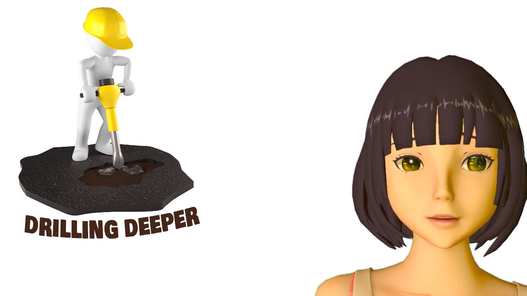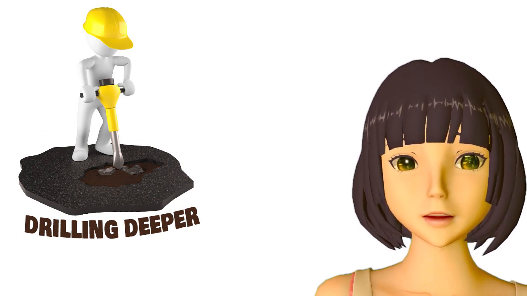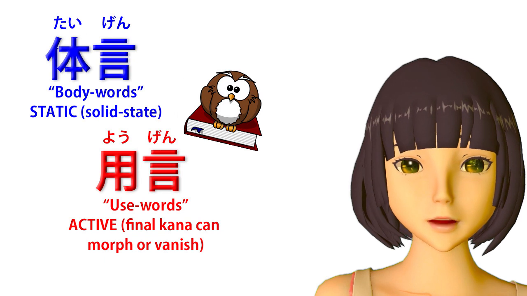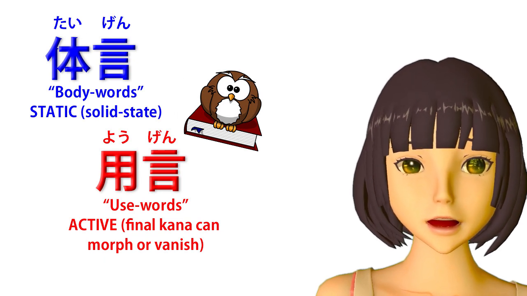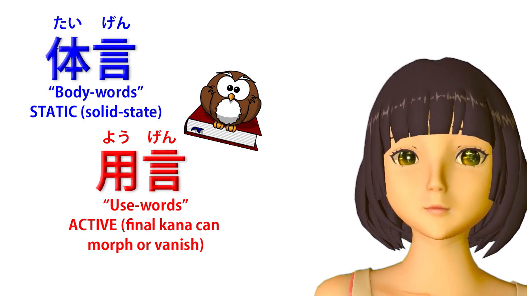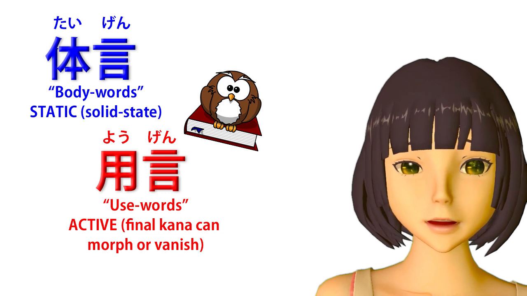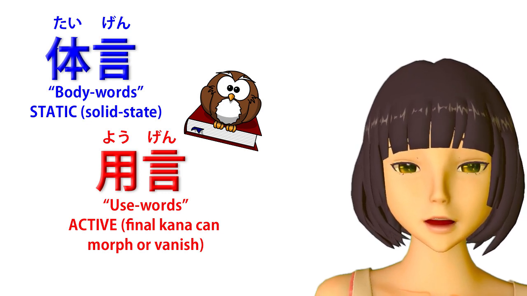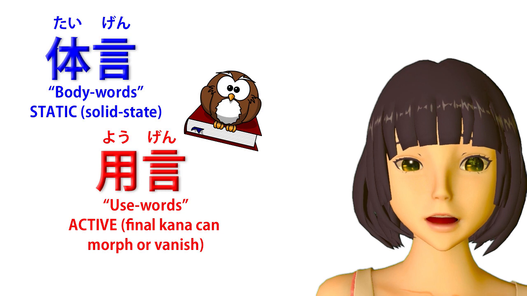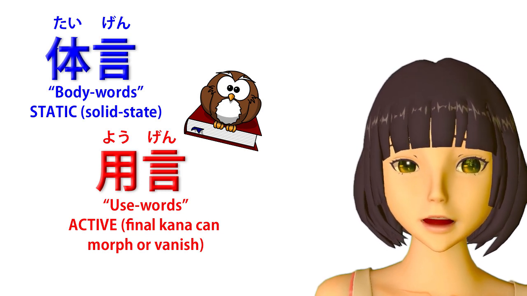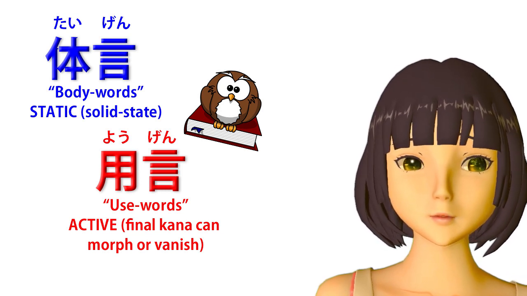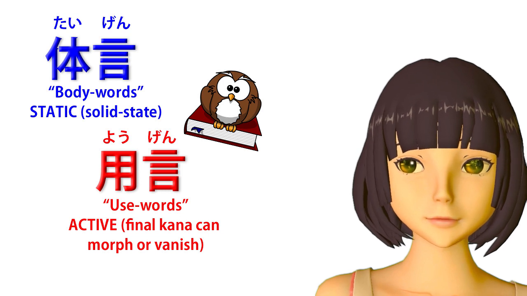However, there's another way of dividing Japanese words which is used in Japanese grammar, and that is into taigen and yogen, which literally means body words and use words, but the terms I'm going to employ are static words or static elements and active words or active elements.